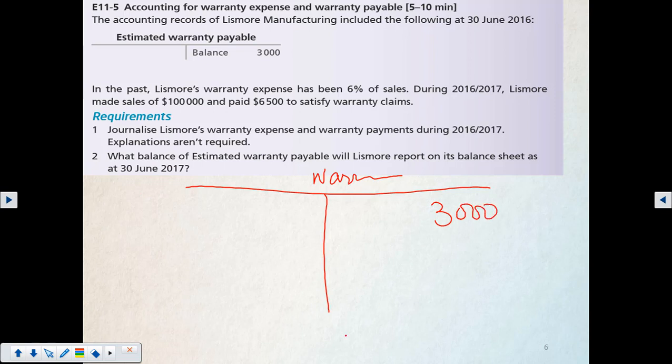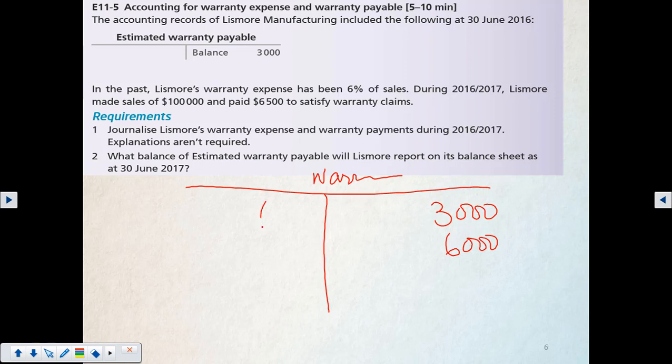Warranty expense debit, warranty payable credit. That is another credit balance, $6,000. Is that correct? And then when we made the journal entry again for payment of warranty expense, what did he write? Estimated warranty payable debit, cash credit, $6,500.